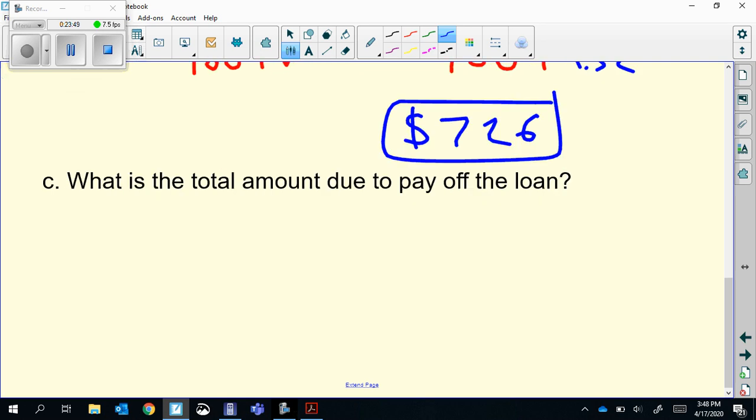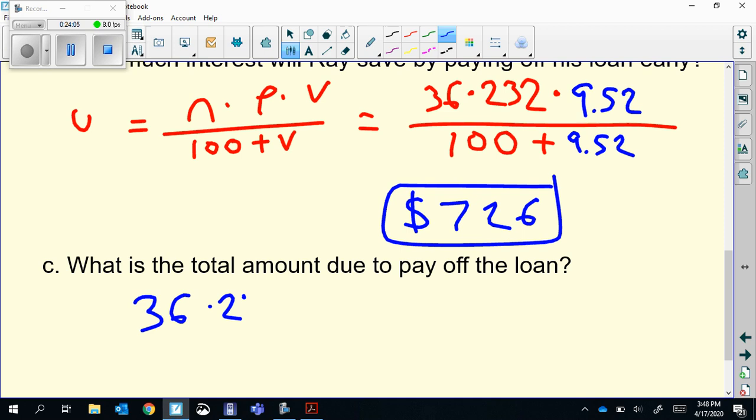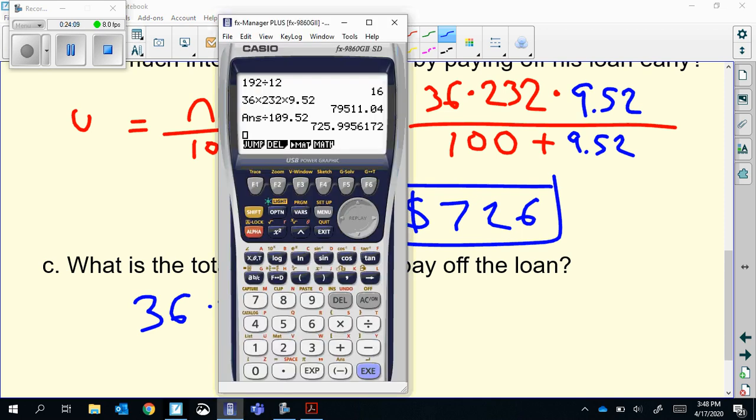So for this last part, calculating the payoff amount. We're going to figure out how much he would be paying over those 36 payments. So 36 payments of 232, he would be paying $8,352.